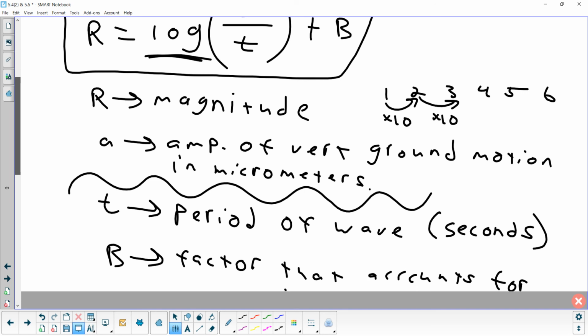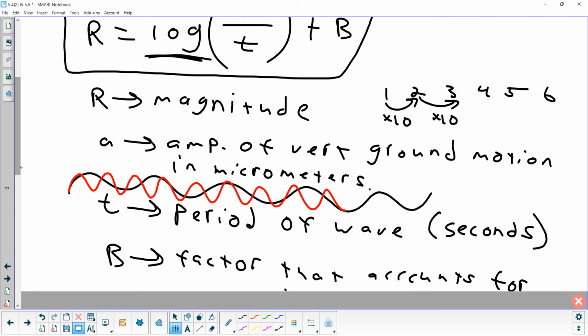But the period of a wave basically is how fast it oscillates. Something like that compared to something like this. The graph in red would have what we call a faster period, or a faster cycle to it. So they'll tell you the period of the wave in seconds.